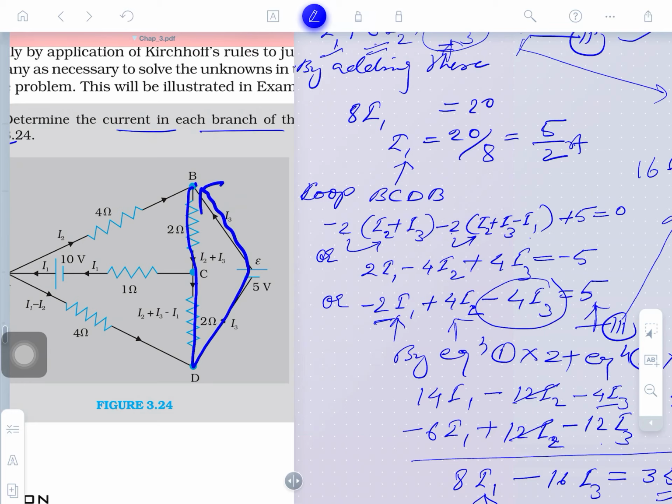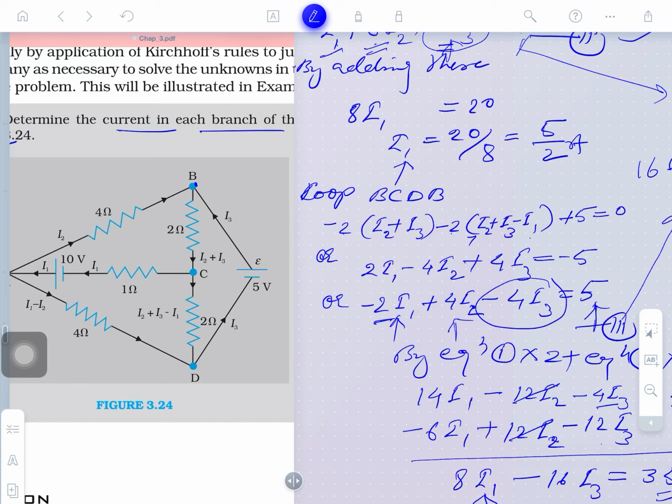So, in the direction of current we are moving. So, minus of 2I3. Okay, this is correct. It's I3. And it is minus 2 of I2 plus I3 minus 1. It is also correct.